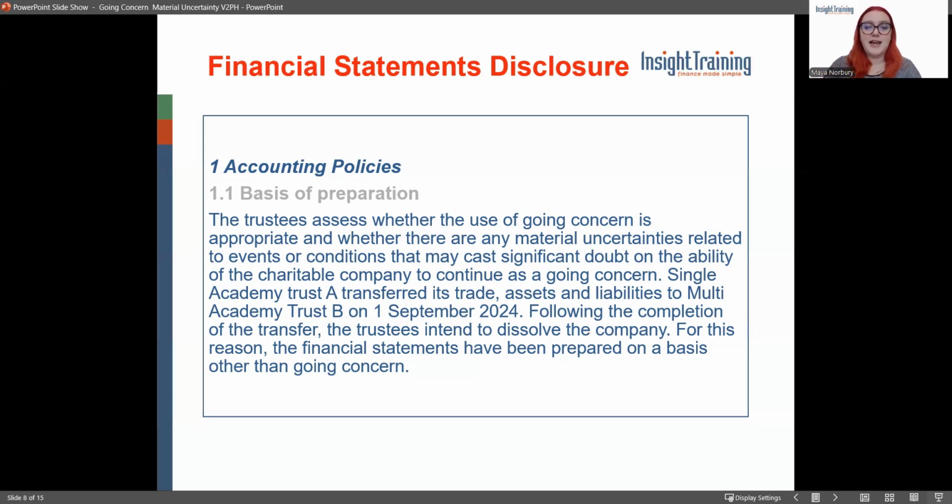Single Academy Trust A transferred its trade, assets and liabilities to Multi Academy Trust B on 1st of September 2024. Following the completion of the transfer, the trustees intend to dissolve the company. For this reason, the financial statements have been prepared on a basis other than going concern. So in this scenario, we're saying it's not a going concern, and we've alluded to that fact within the accounting policies.